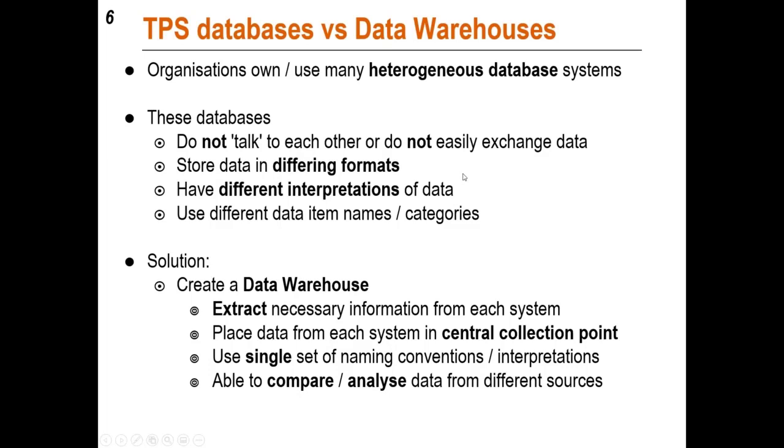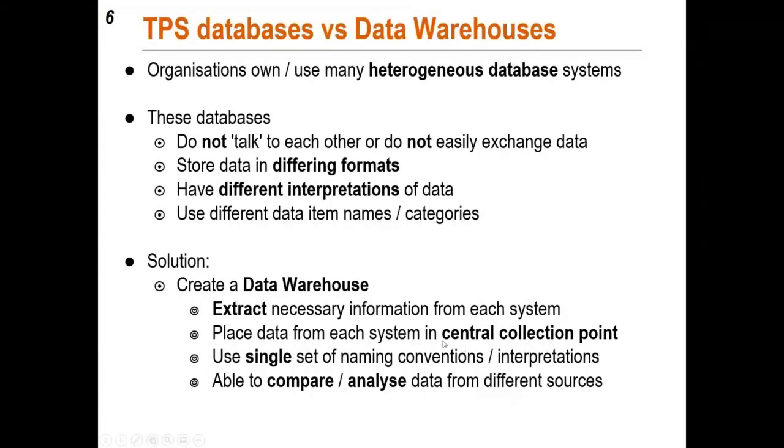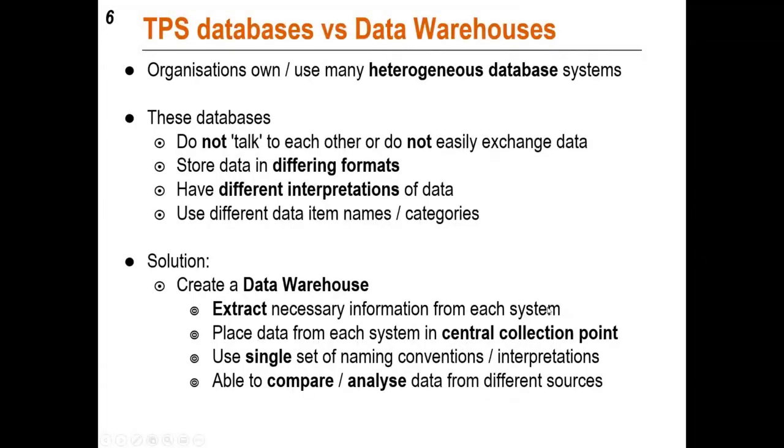So if you have heterogeneous databases in our organization, what we need to do is go through a kind of process to extract necessary information for the warehouses. Sometimes we need to clean some of the data, and sometimes we need to reject some existing data because we don't need that kind of data, right?